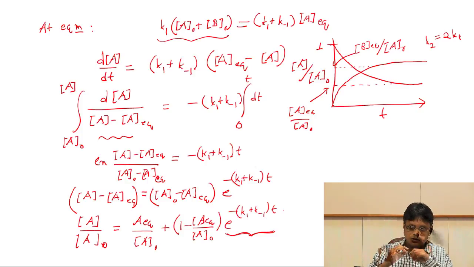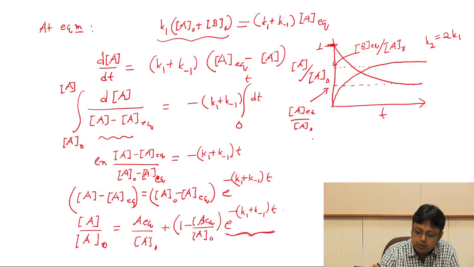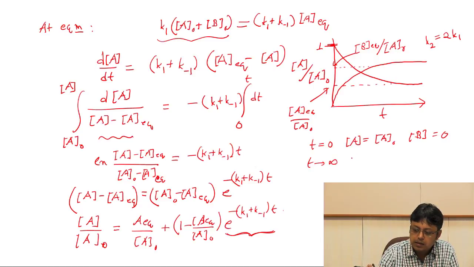So you can think that this is a normalized plot because everything is normalized with respect to A0. The initial concentration was 1, because we started with A only. So at time 0, the way we have written it, A is nothing but A0 and B is nothing but 0, and at a very, very long time, A has attained the equilibrium concentration and B has also attained the equilibrium concentration, and their ratio is 2.